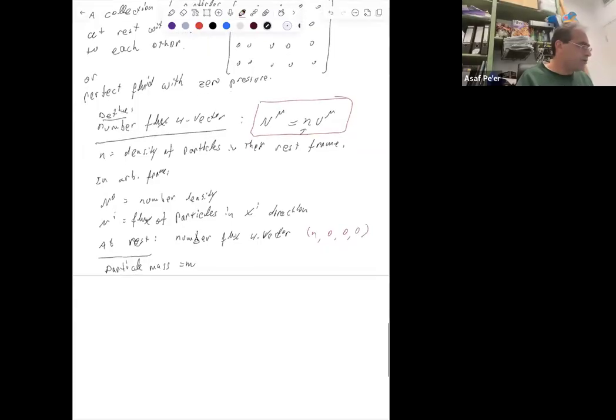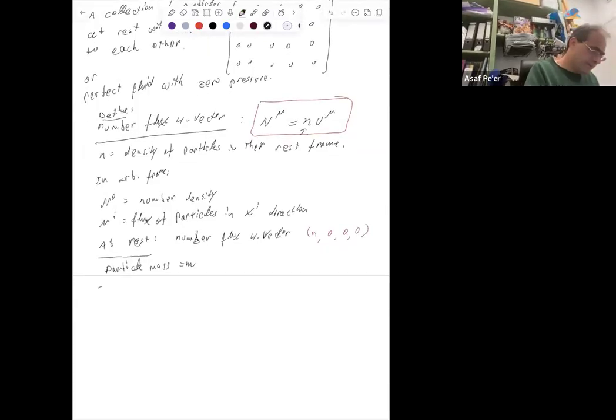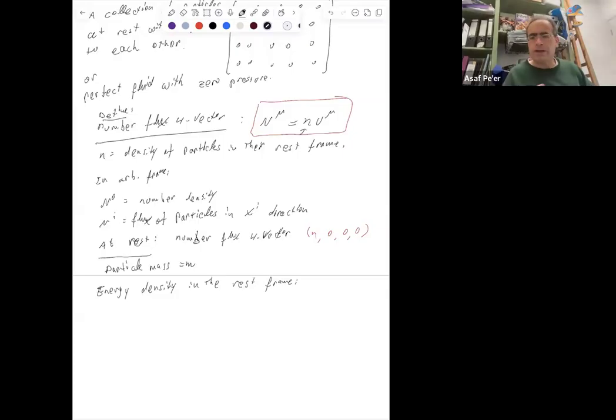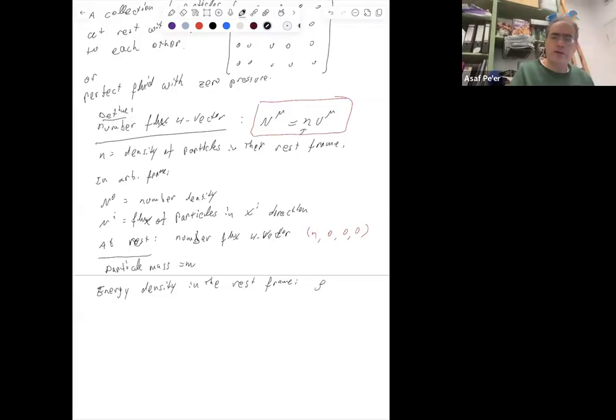So in the rest frame, the energy density. Before I spoke of the number density, but what is the energy density? I denoted it with a rho to discriminate from n, the number density.